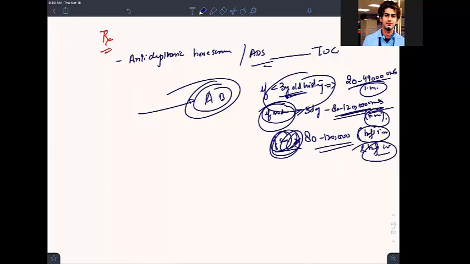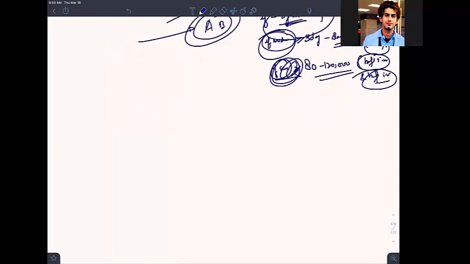Okay, now the role of antibiotics. What is the role of antibiotics if the diphtheria is early? Early means less than 6 hours of infection, because before 6 hours the toxin won't be released.